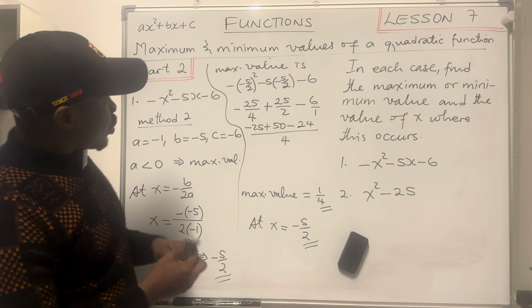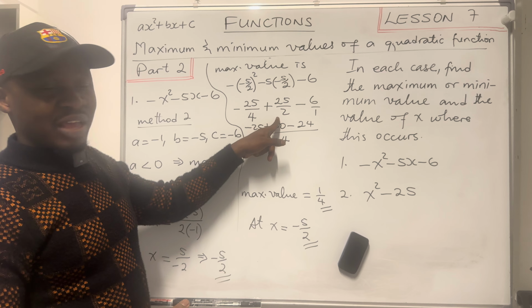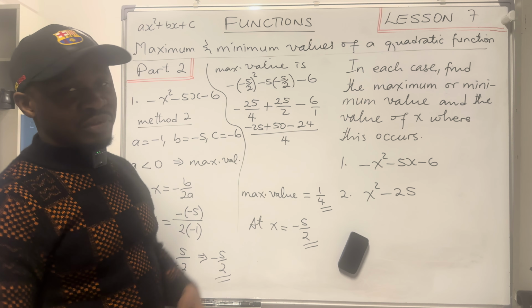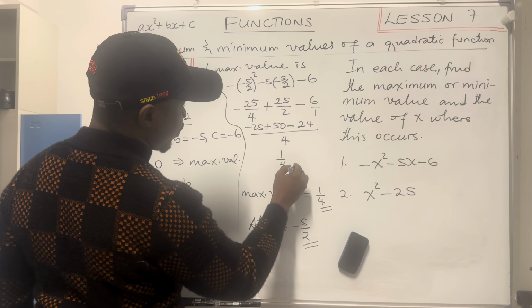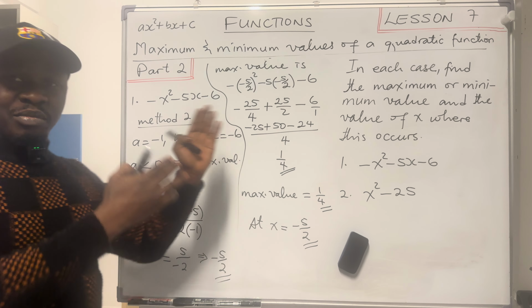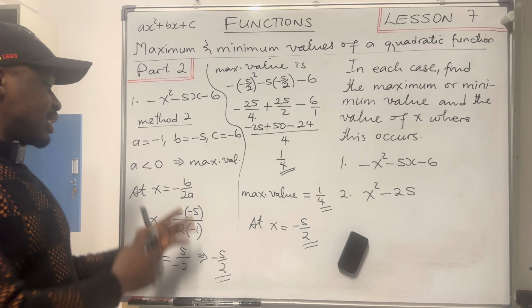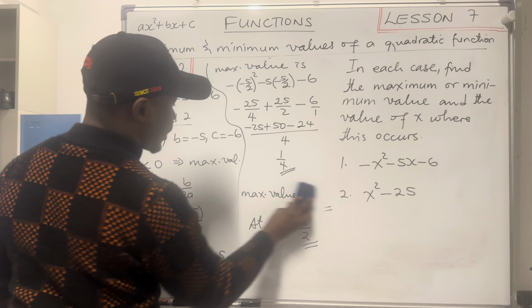So minus 25 plus 50 is plus 25. Plus 25 minus 24 is plus 1. So we have 1 over 4. So we can see the maximum value is the same as method 1. It occurs at the same value as method 1. So this is the first one.